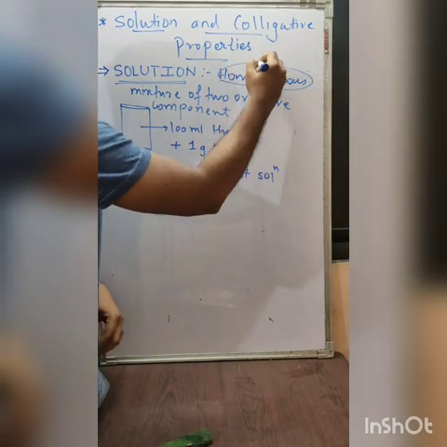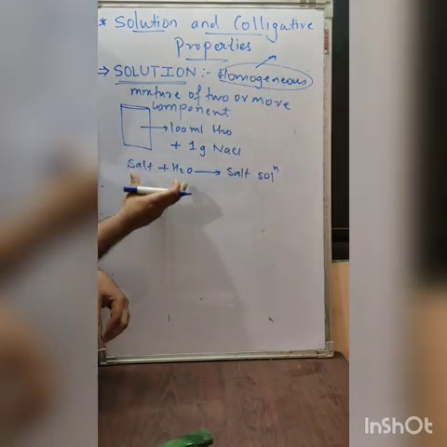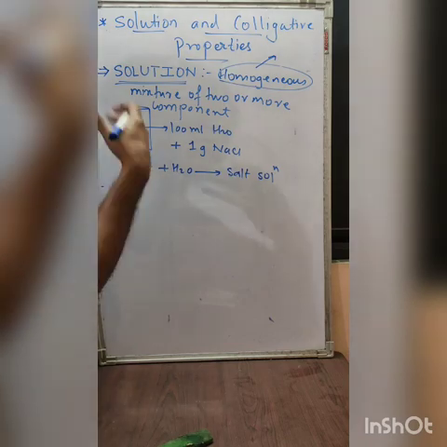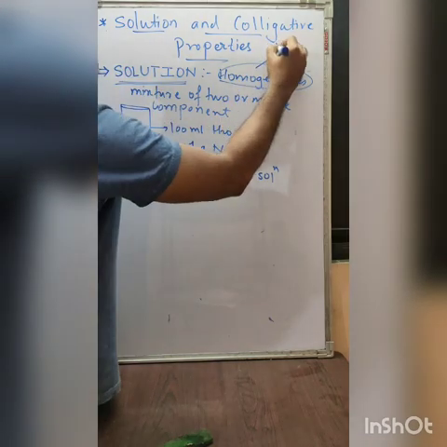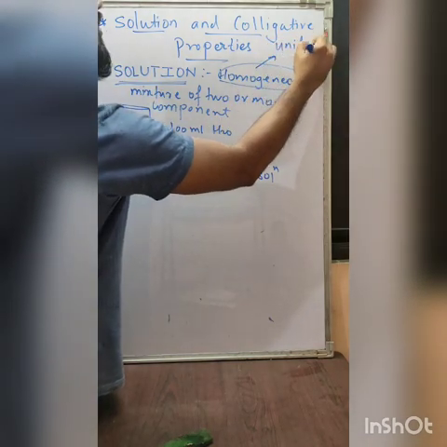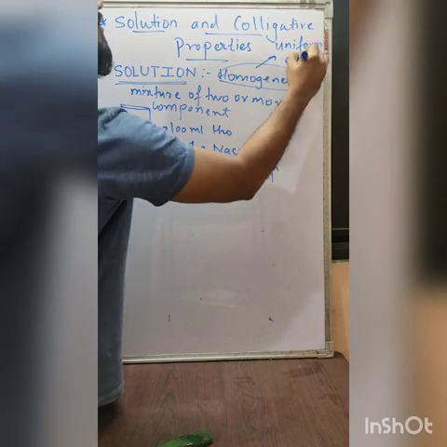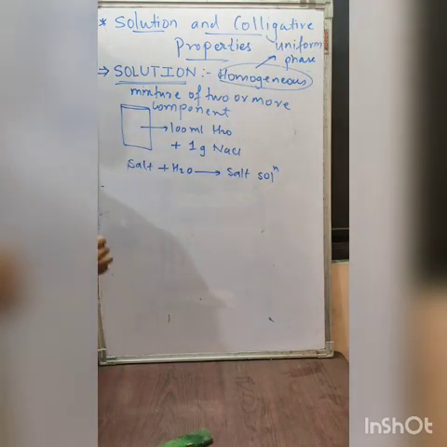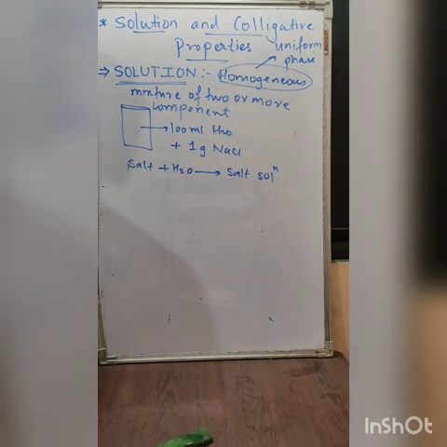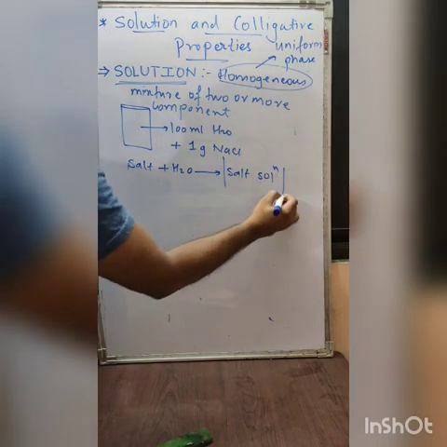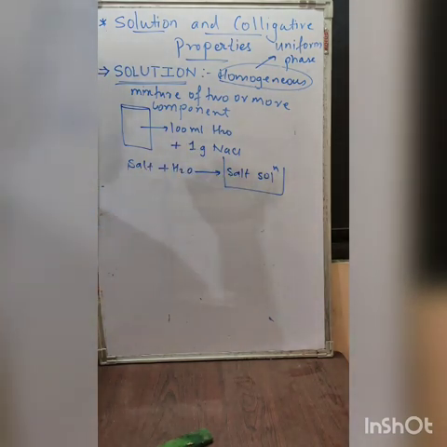Homogeneous means when we mix 2 or more components, it forms a uniform phase. Uniform phase means single phase. So the salt solution which is formed has a single phase.